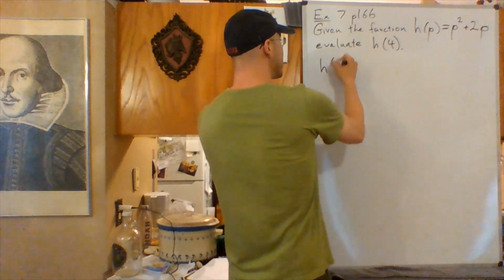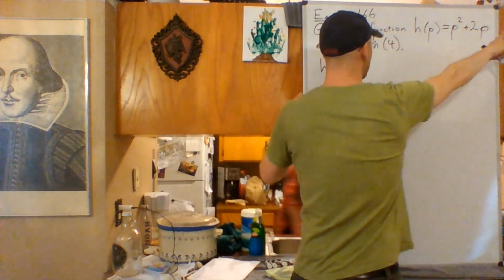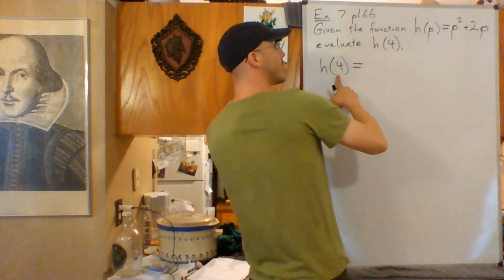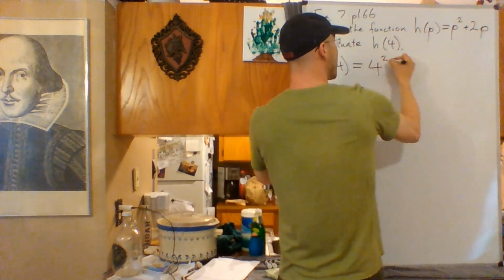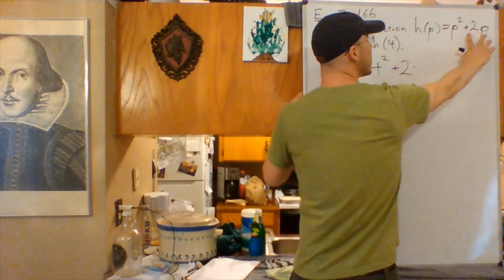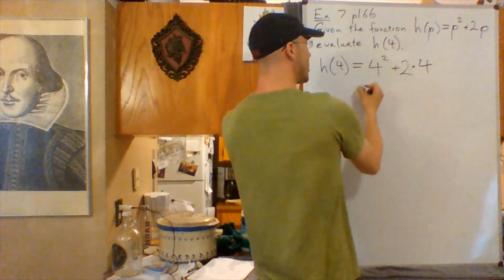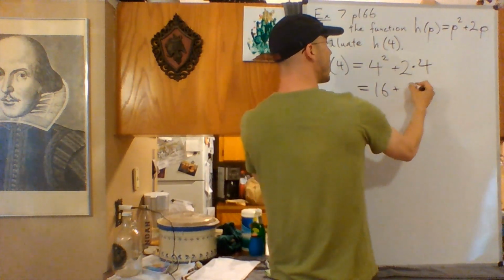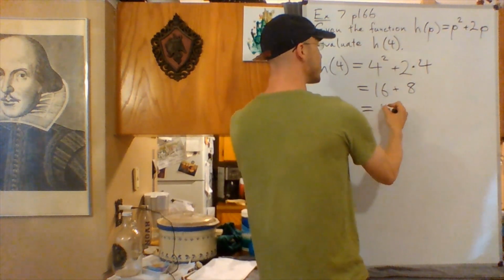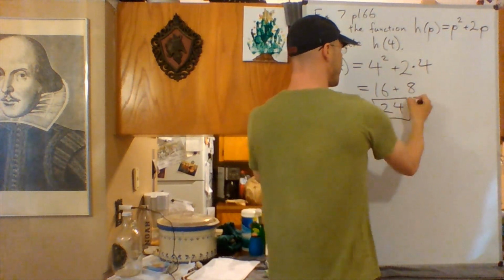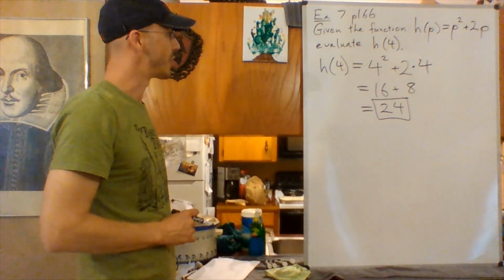What we need to find is h of 4, and I'm going to write my formula here with 4 in place of p. So it's going to be 4 squared plus 2p, which means 2 times p, that's 2 times 4 in this case. And that's 16 plus 8, which is 24. So that's one more example of evaluating.